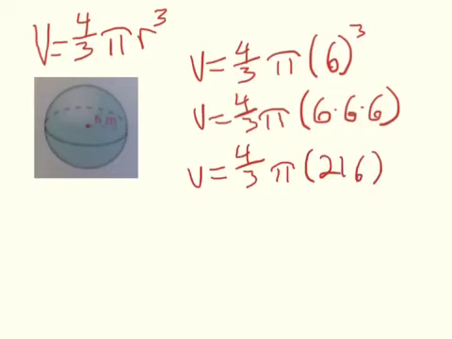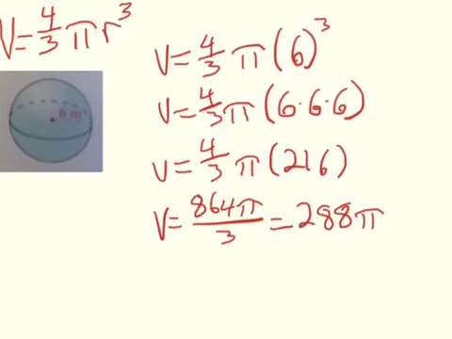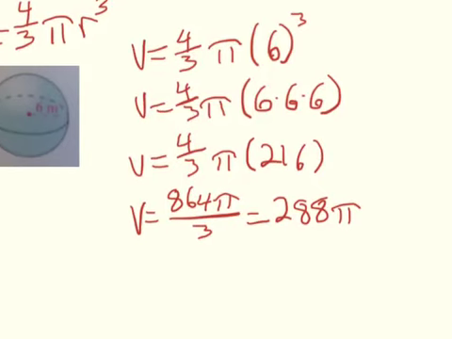And when you multiply 216 times 4, you get 864. So volume is equal to 864 pi over 3. In this particular case, it reduces easily to 288 pi. Now remember, when you're doing volume, it's cubic units, so 288 pi meters cubed.